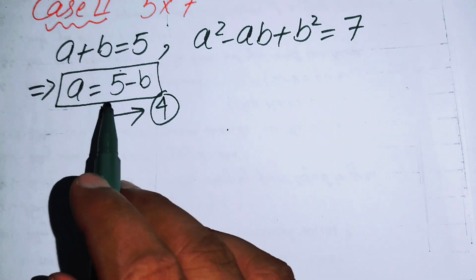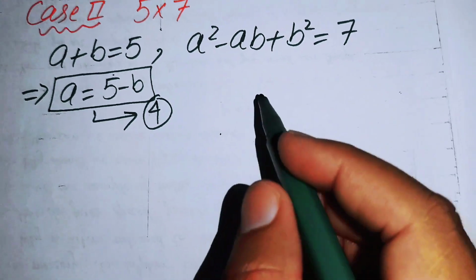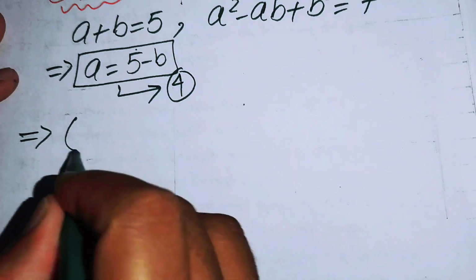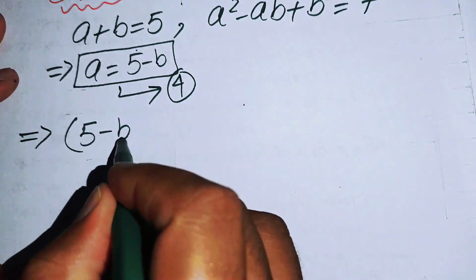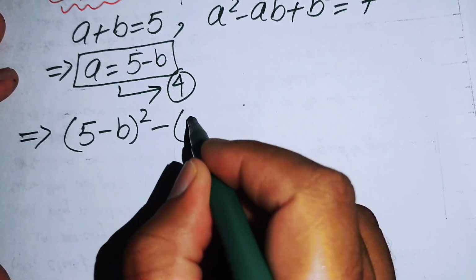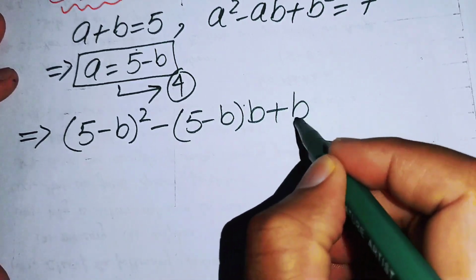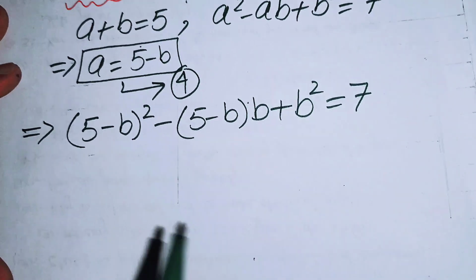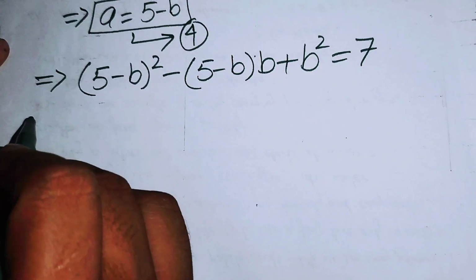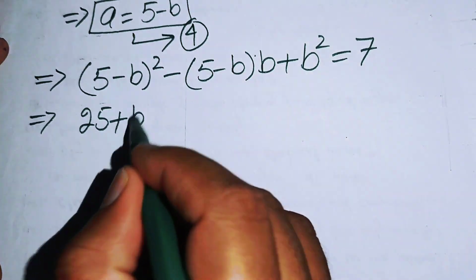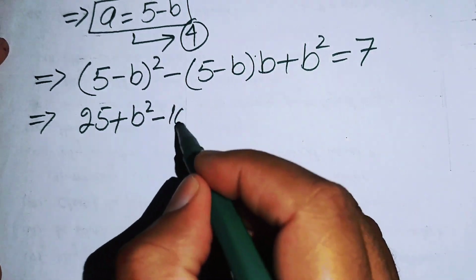Now we put the value of a in this equation, and you get (5 minus b) squared minus (5 minus b) times b plus b squared is equal to 7. So now we can open this square, and you get 25 plus b squared minus 10b.